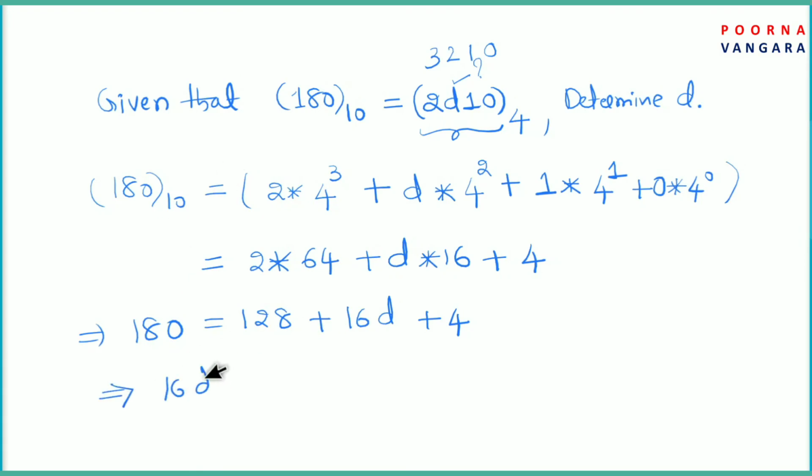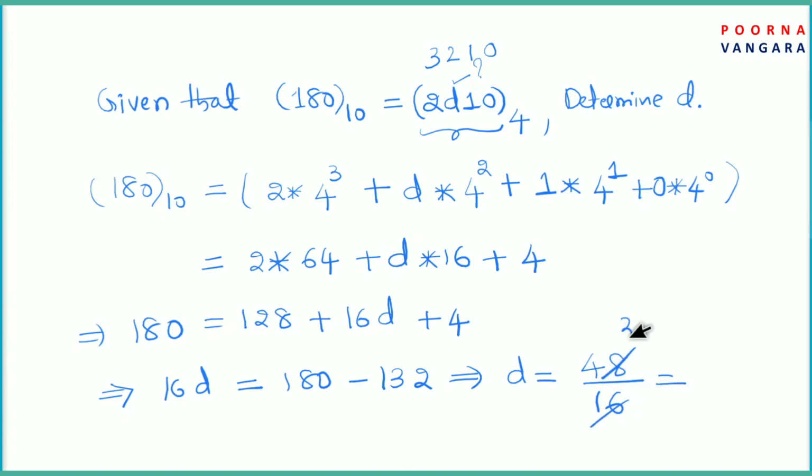So 16D equal to 180 minus 132. Then D equal to 48 by 16. 16 times 3 is 48. So D equal to 3. Like this you can find out the missing digit or the base of the given number, whenever the other number is represented in decimal.